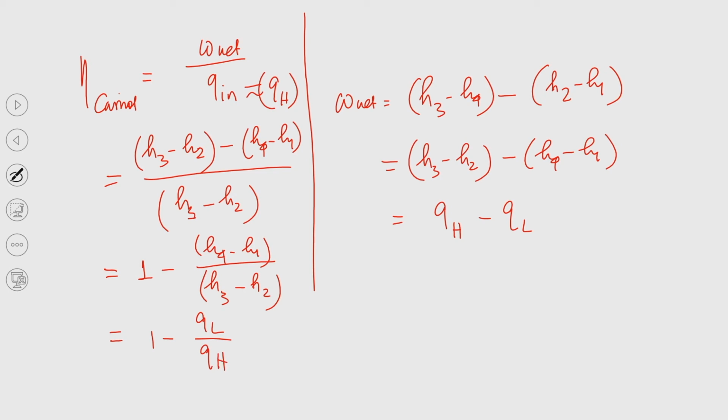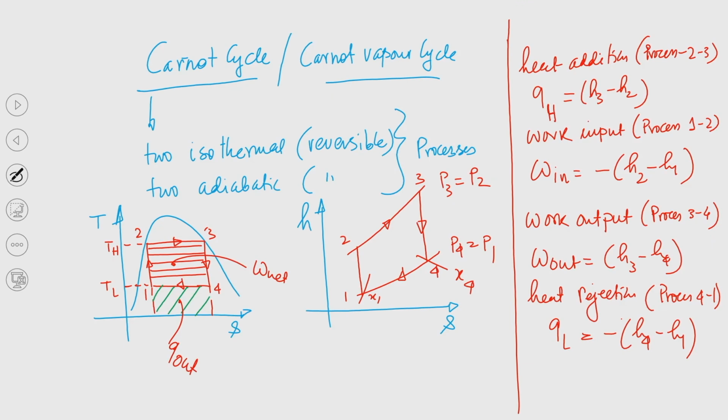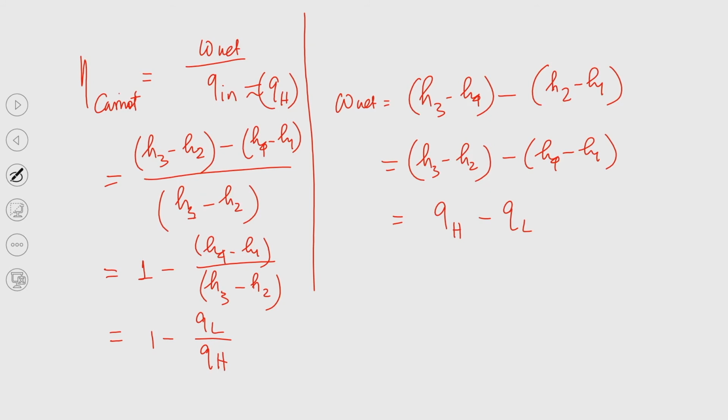So, eta Carnot, since these two processes are isothermal, we can write this as 1 minus TL by TH. You have studied this in the thermodynamics course. So, this efficiency is also given by 1 minus TL by TH, that is the ideal cycle efficiency.